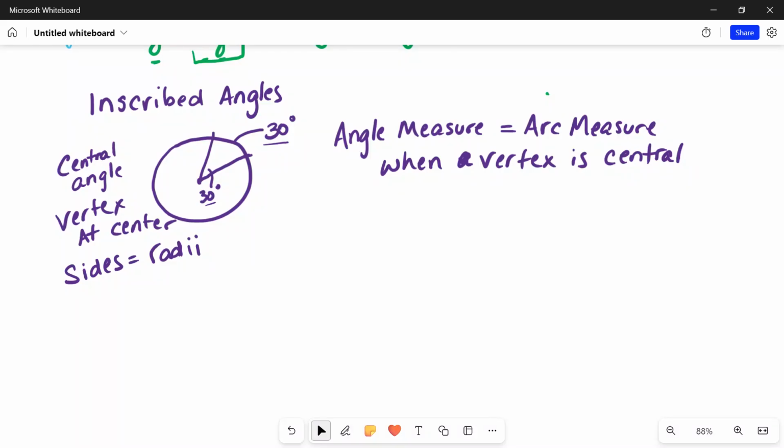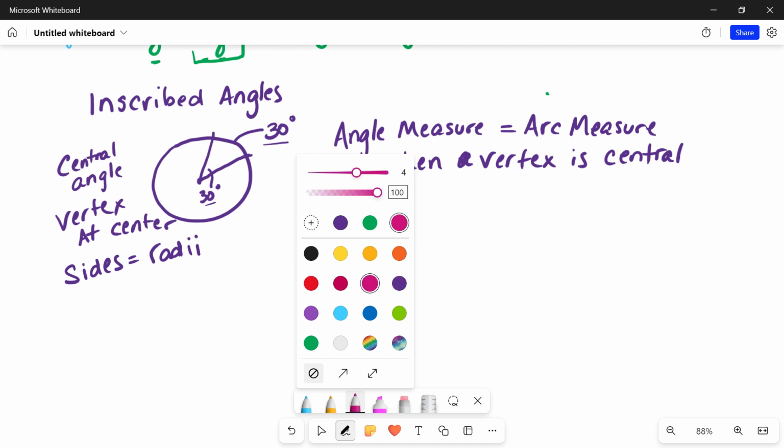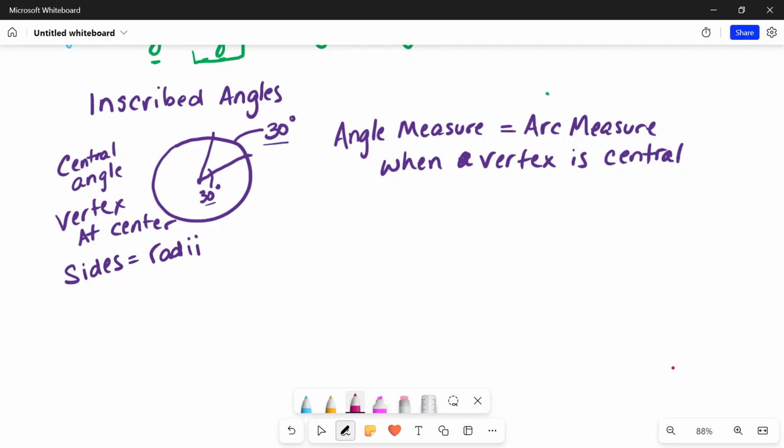Now what we're going to look at next is when I've got my angle being actually on the circle. So here, if I've got an angle like this, and it's opening way over here, my vertex is on the side of the circle. My sides here are not equal to a radius.